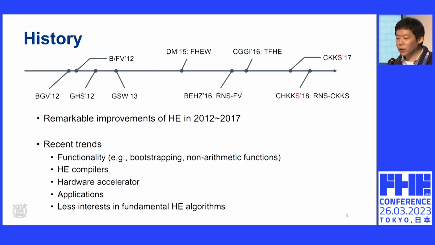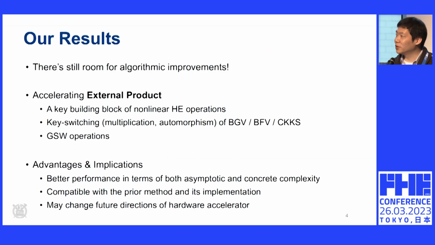There is less interest in fundamental HE algorithms, but I was still working on this old school research topic for a while, and there was actually still room for purely algorithmic improvement in HE schemes.